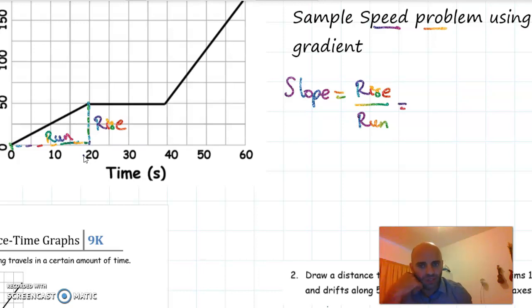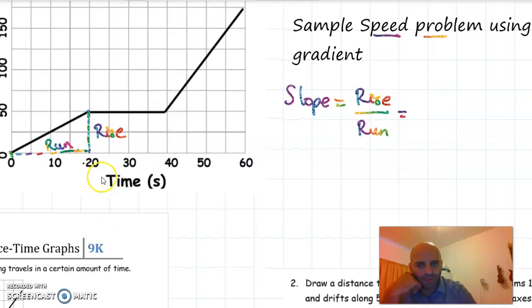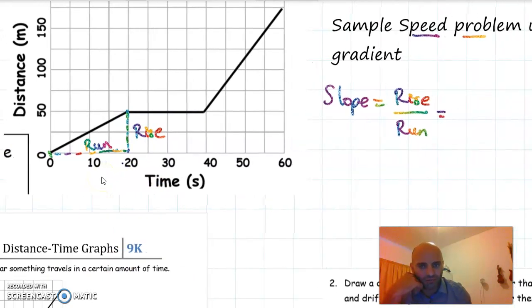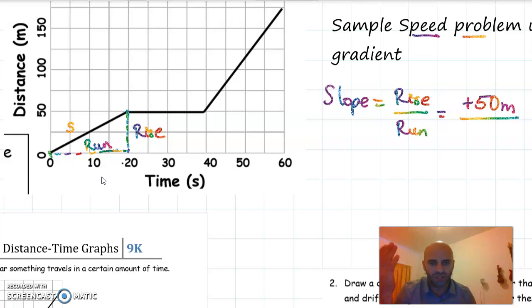So if you notice here, this part of the graph, I'll call that S1 for speed number 1. This would have risen from 0 meters up to 50 meters. So that would be plus 50 meters because it's gone from 0 up to 50.